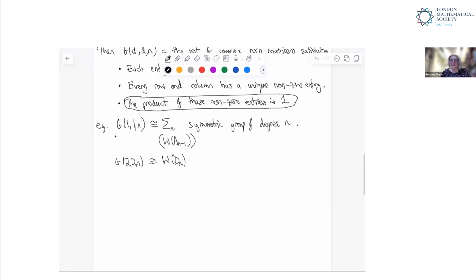Okay, and it's nice to focus on the irreducible case where there are no invariant subspaces apart from 0 or the whole space.